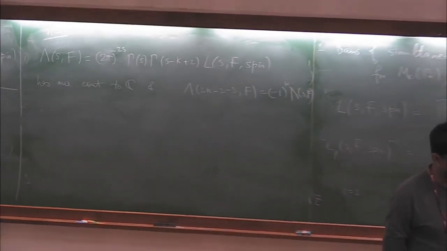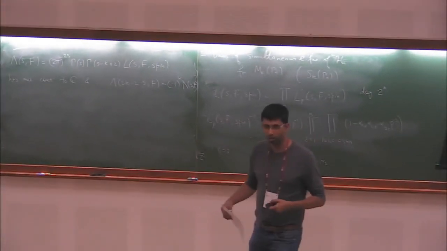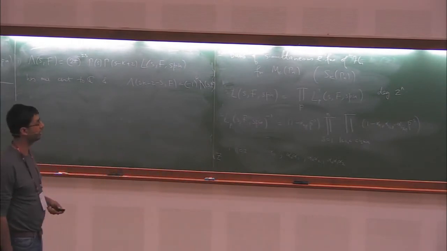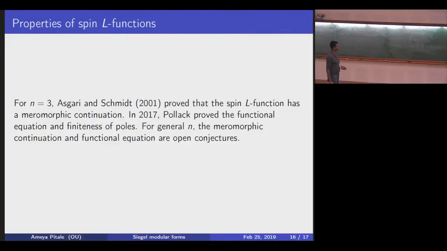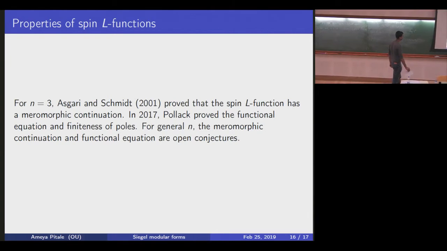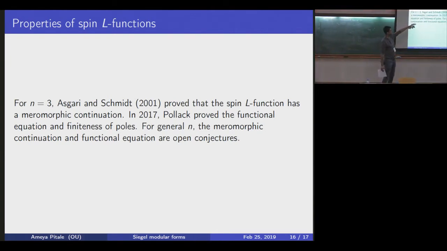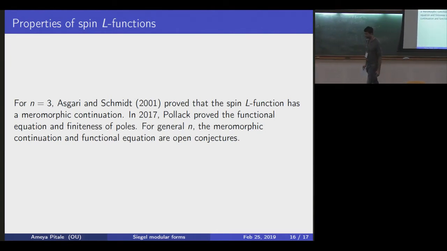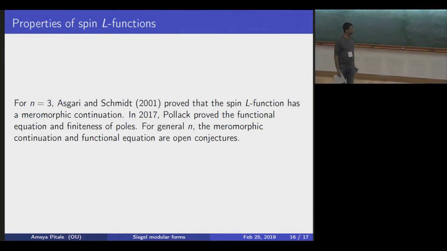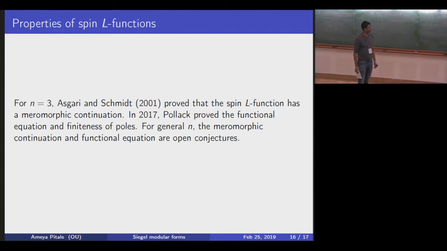And the reason I am emphasizing genus 2 is we know a little about genus 3 and nothing about genus higher than 3. So for n equals 3, the meromorphic continuation was proven by Ralph Schmidt and Mahdi Asghari some time ago. And very recently, Pollock showed functional equation and finiteness of poles. So he got a new integral representation for this L function and was able to get this.